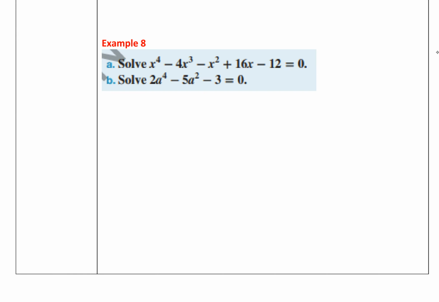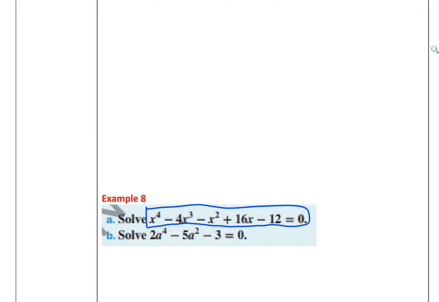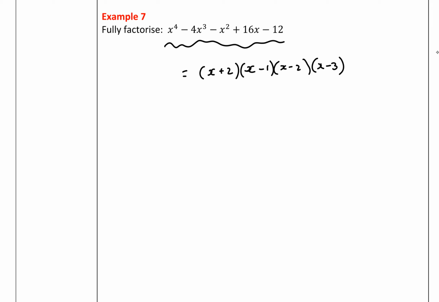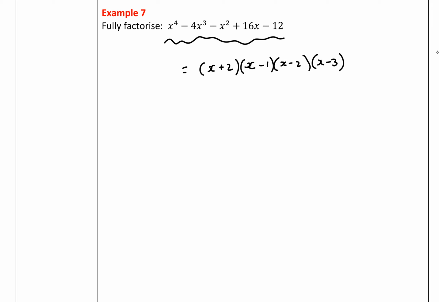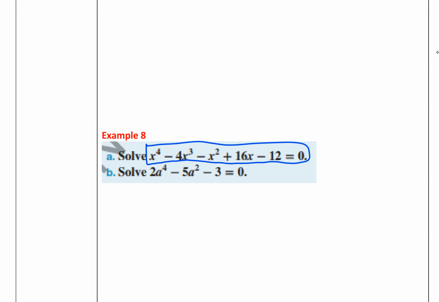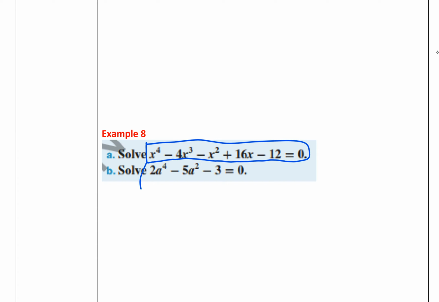Let's now imagine we're given this question here. It's the same function. So if this was non-calc and we were given the information prior, we know that this function is equal to x plus 2, x minus 1, x minus 2, x minus 3. So that is x plus 2, x minus 1, x minus 2, x minus 3 is equal to 0.